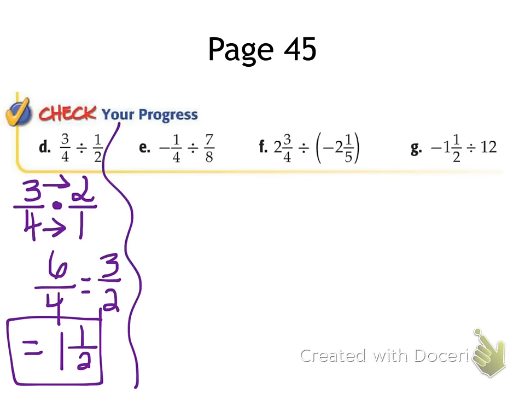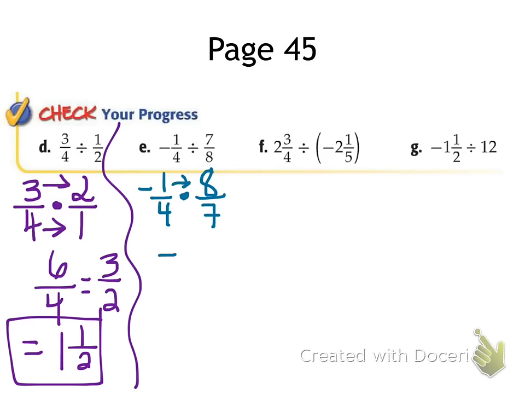All right, for E, looking at E, we've got negative 1/4. I'm going to copy that or keep it. Change the sign to multiplication. And then flip my second one. So 8 over 7. Now simply multiplying.